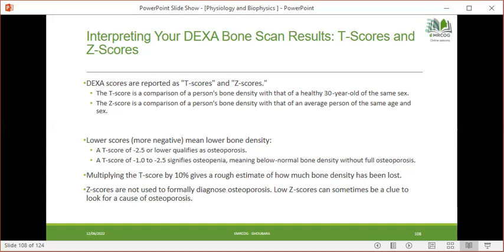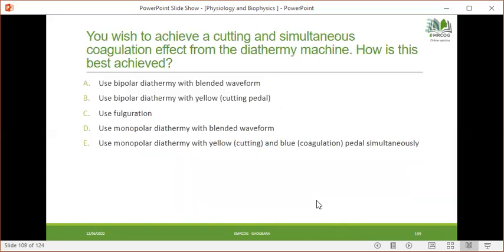It can be a clue, but it's not diagnostic. Okay, anyway, we are just revising over the question and I will revise the definitions with you again.